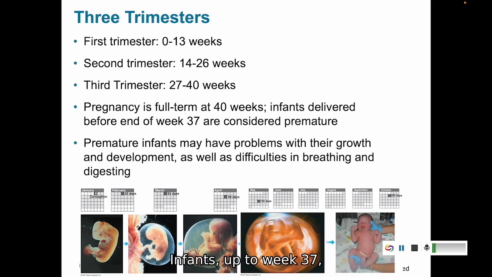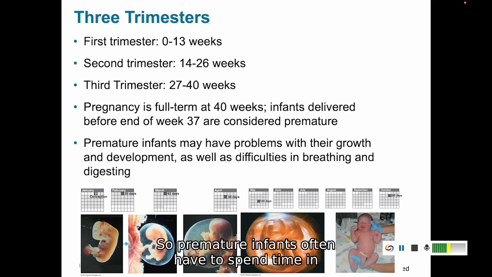Infants born at week 37 or later are still considered term, but babies that are born before week 37 are considered premature. Those last few weeks of pregnancy are especially important for development of their lungs and their ability to breathe.